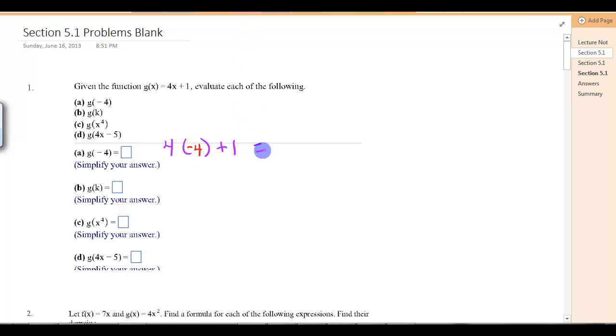That would be negative 16 plus 1, which is negative 15. g of k means we're going to have the same function, but what are we putting in? We're plugging in k. And that gives us simply 4k plus 1.